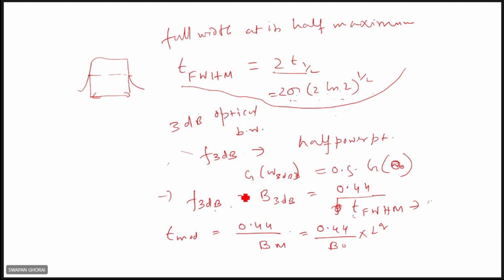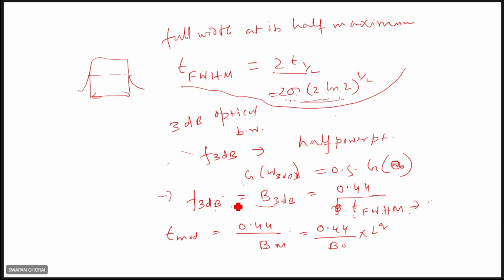If you solve it, then you can find the 3 dB optical bandwidth f3 dB, and you'll get some factor. Those factors are replaced by TFWHM. Ultimately you'll get 0.44 by TFWHM, right? So now you are getting the 3 dB optical bandwidth of the fiber link, and you can correlate it with the fiber bandwidth.